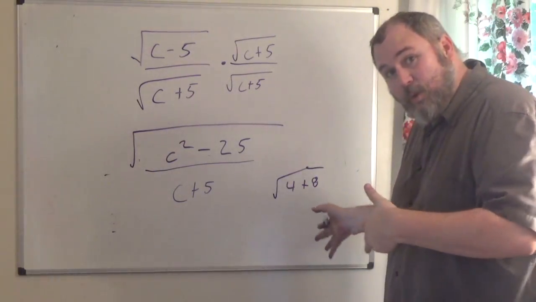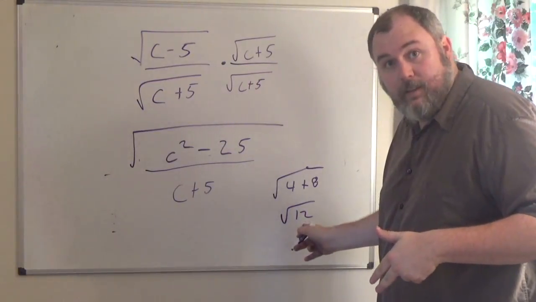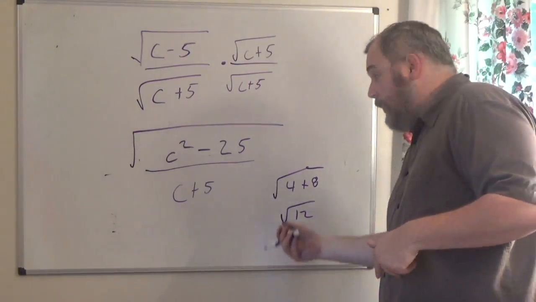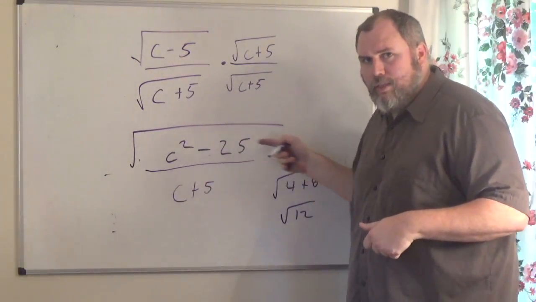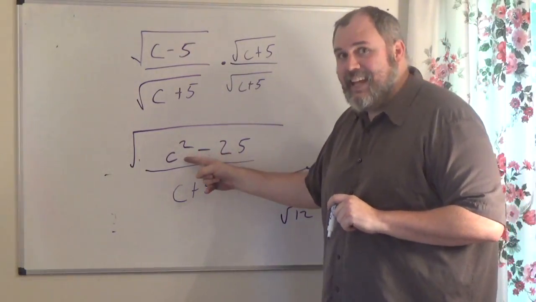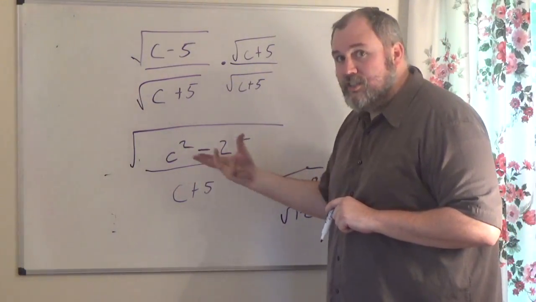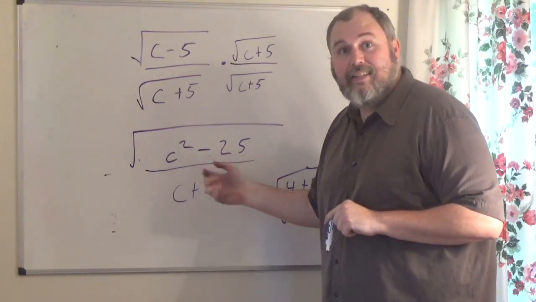I cannot square root this right now. I have to add it first, right? And then I could finish it out. Same principle. I can't do anything else to this until I combine them. But this is apples, this is oranges, so they cannot combine. So this is as far as I can take it.